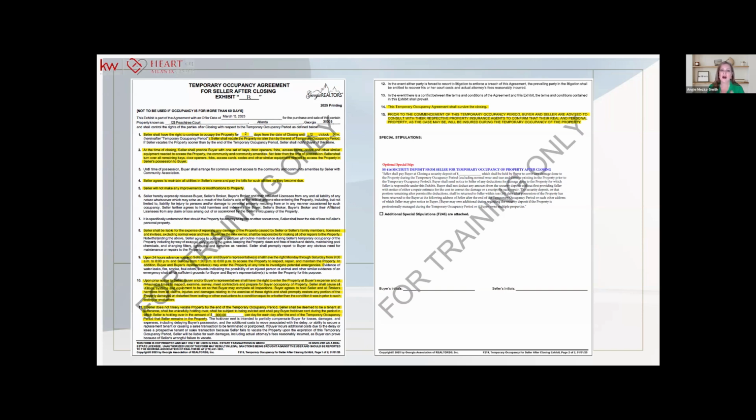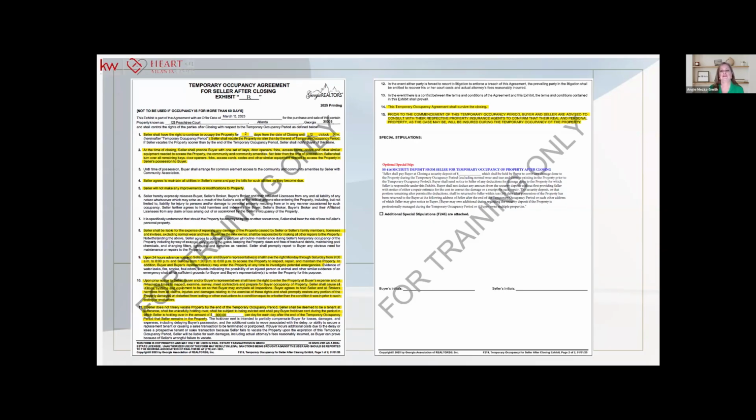And at the time of closing, when that buyer buys that house, the seller is supposed to give them a set of keys and openers, et cetera, for the property that they now own. Now, of course, the seller's maintaining possession for the agreed upon period, so the seller has whatever other additional set of keys. And at the time that they deliver possession, they have to give them the remaining set of keys.